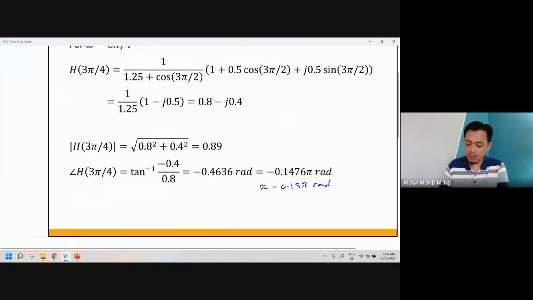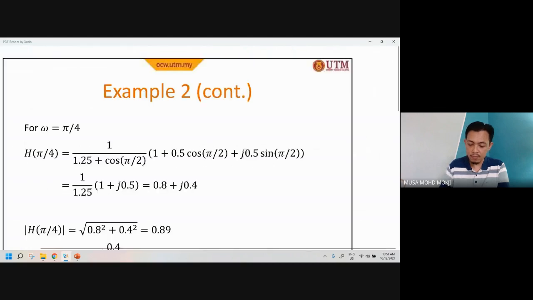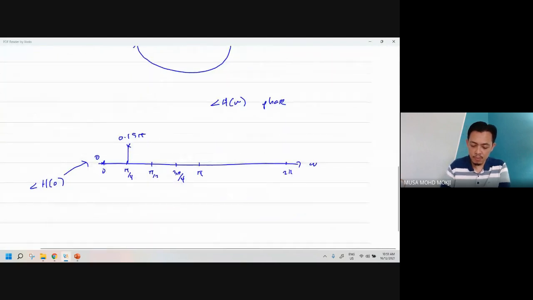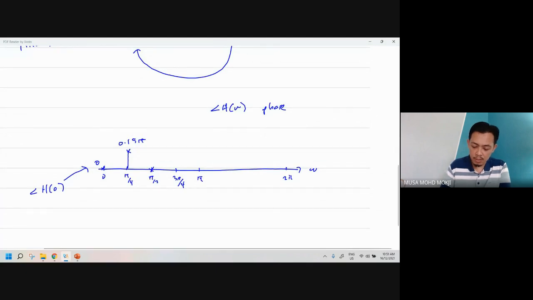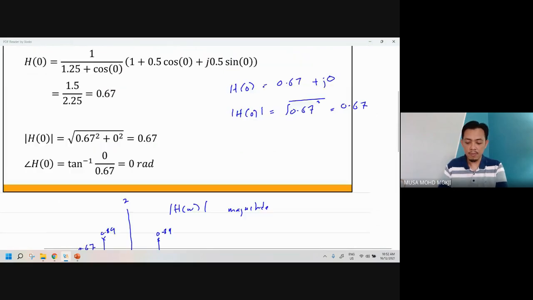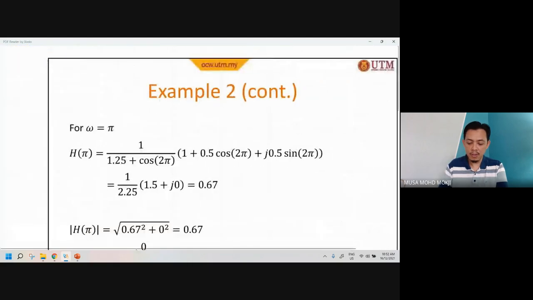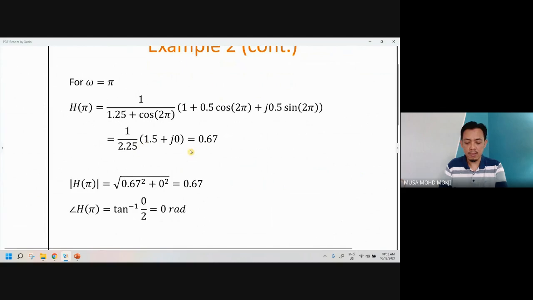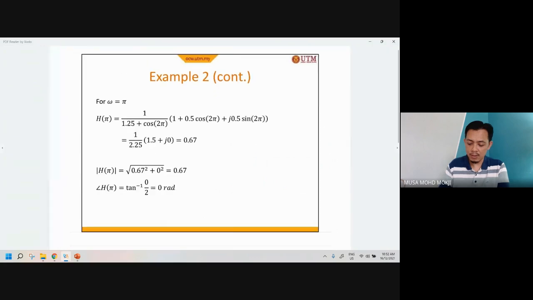So a 0, 0, and minus 0.15. This is a 0 again, and then here, minus 0.15 pi. Okay, that's how we estimate that. And of course, you can continue to pi. For pi, what you will get is 0.67. So magnitude is 0.67, and the phase is 0. So let's do that, 0.67.